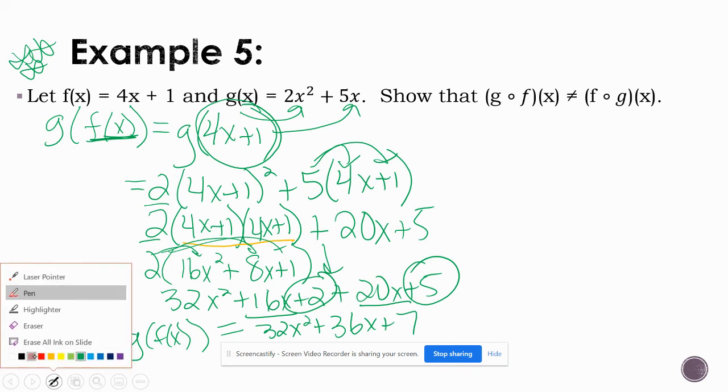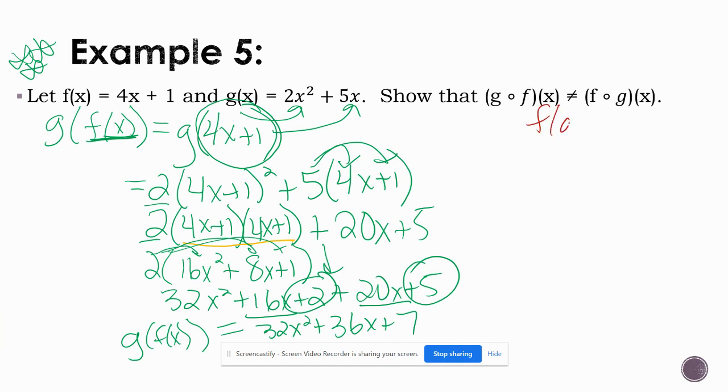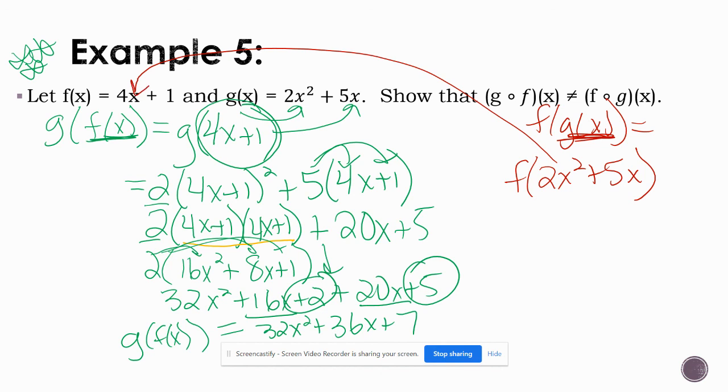Now if we come over and do f of g of x, we start with, well, what is the g function? The g function is 2x squared plus 5x. So take that g function and put it in for x right there in our f function.